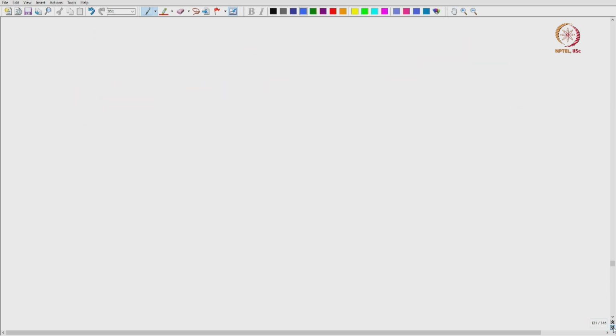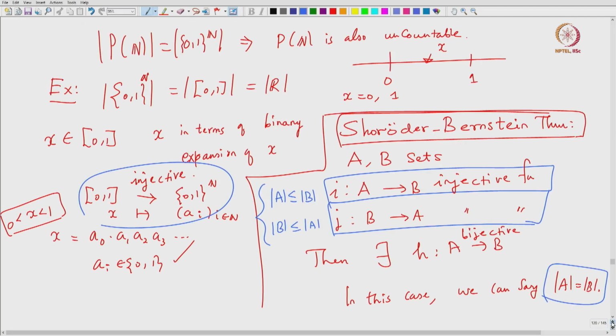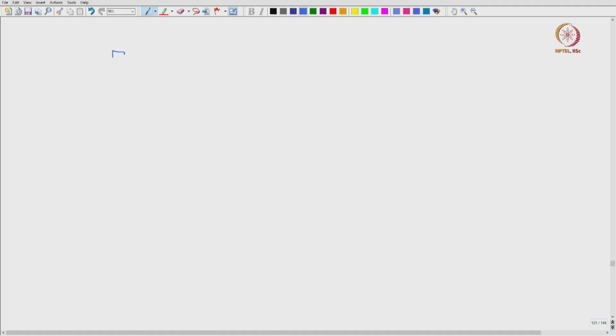So, now once we have this theorem, you can see that many of these things can be proved easily, because all we need is, if you are interested in, for example, comparing the cardinality of [0,1] and R, then it is enough to get an injective function from R to this closed [0,1], because we already have this inclusion which gives you an injective map.